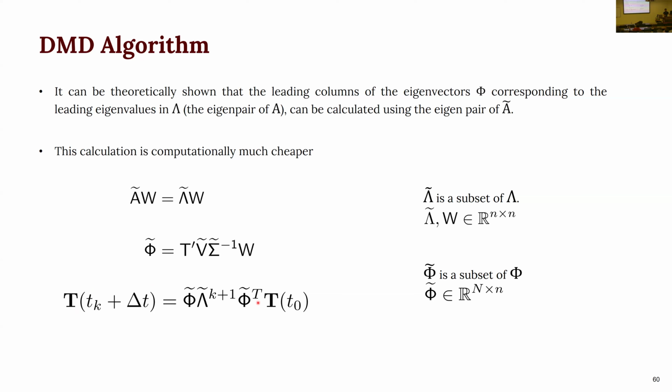So you basically don't have to use an integrator. You just directly go from the initial condition to the kth time step.